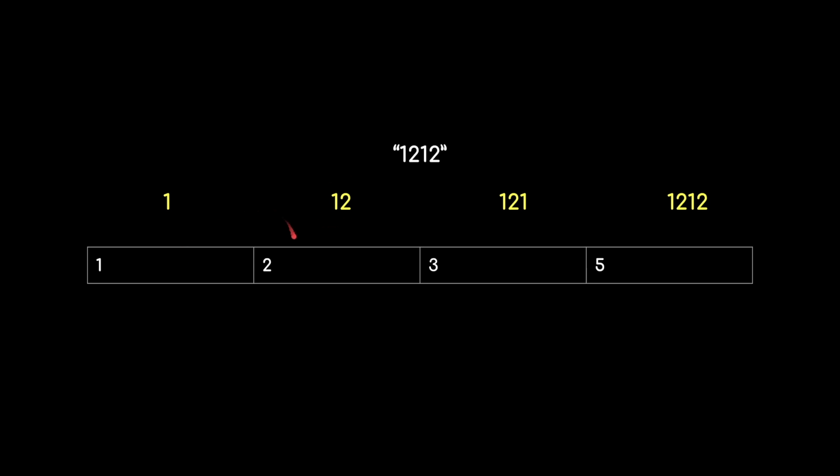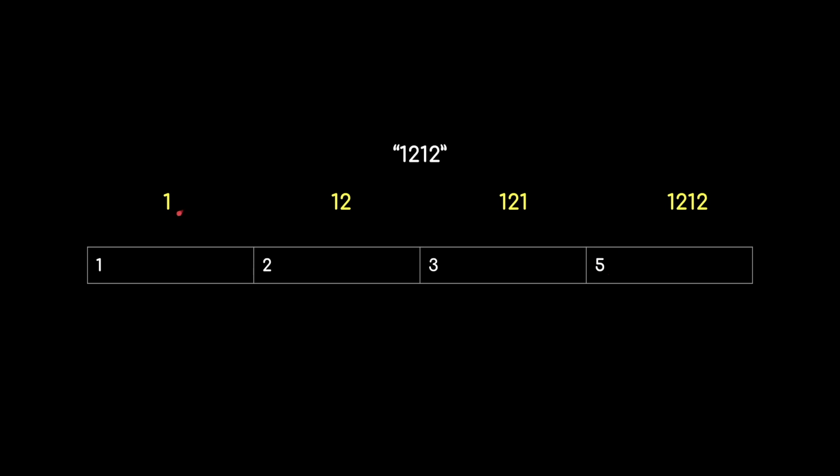So the number of ways have increased. When we move on to the next number, 121, the number of ways to decode this 121 also increases, which is 3. When we move on to the next string, 1212, the number of ways to decode this string is equal to 5.